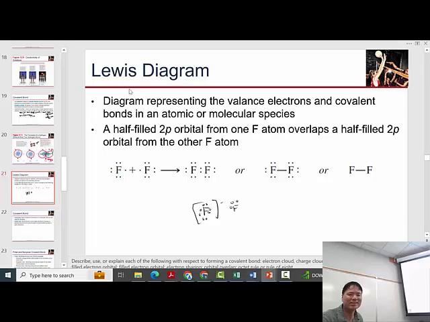Does that make sense to you? No. This wouldn't make sense. This would be unstable. And so, even though fluorine's a very powerful oxidizer, it's not going to be able to oxidize itself.